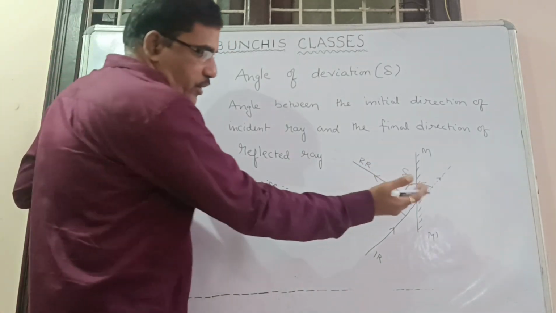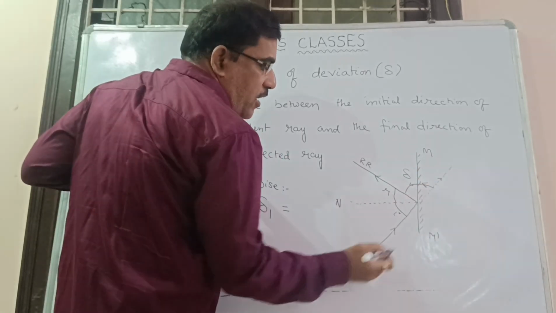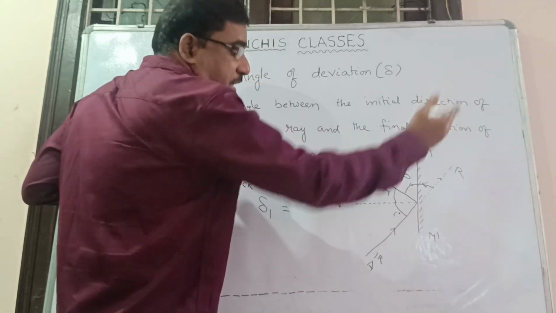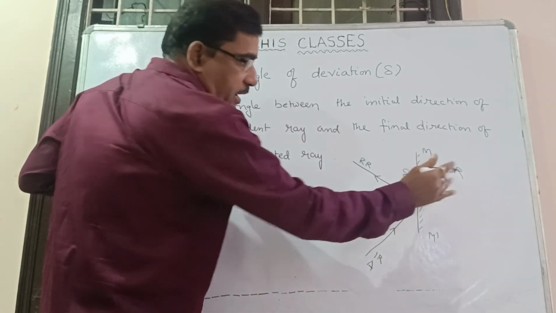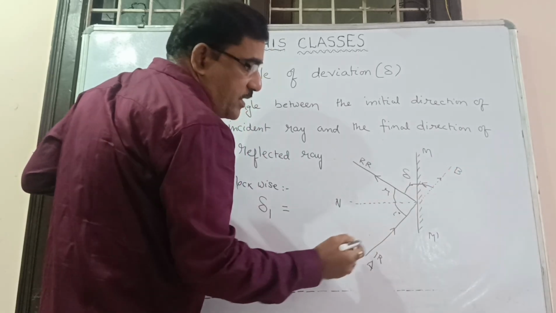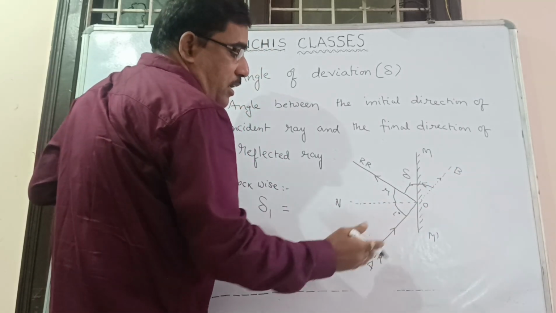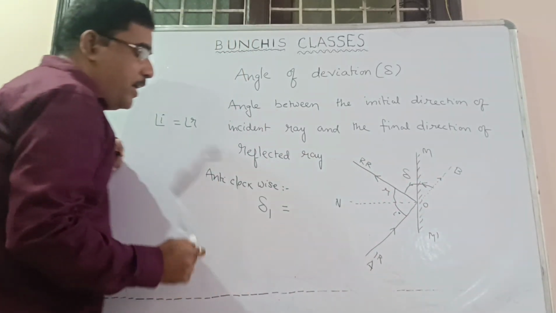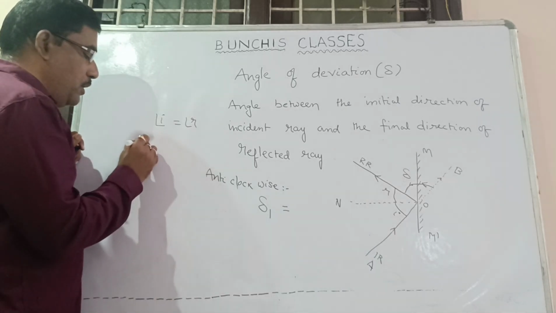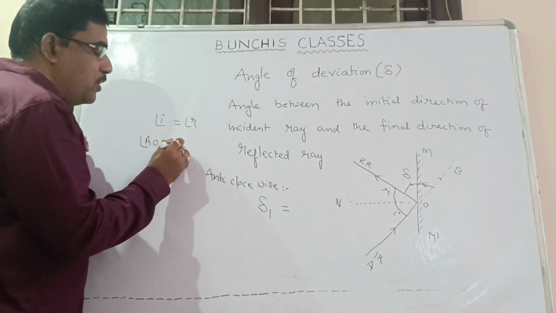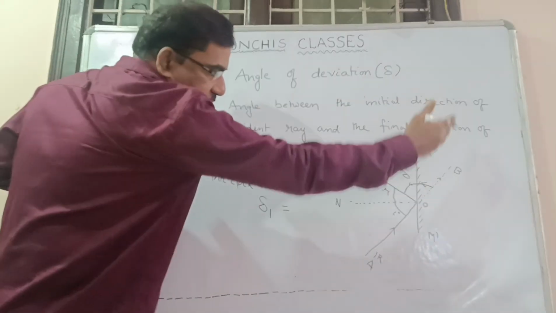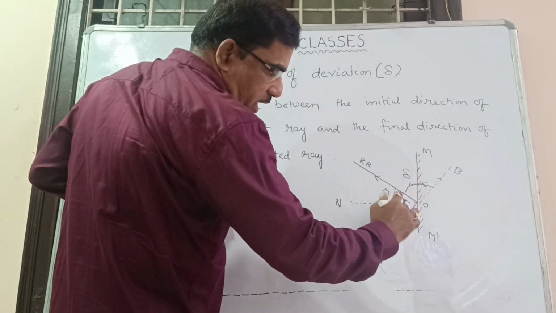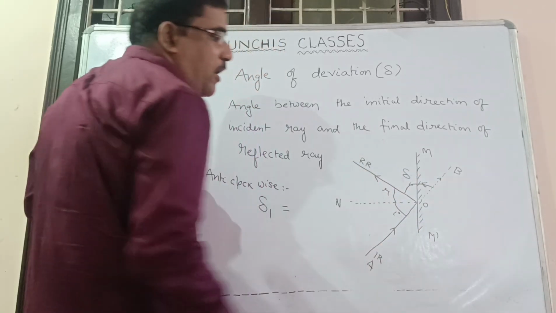Suppose you see IR, you mark the extended ray as AB. The point of incidence is O. Then what is angle AOB? Angle AOB is equal to 180 degrees, we know that this is a straight angle. So the angle of deviation is total 180 minus angle I plus angle R, we have to subtract.